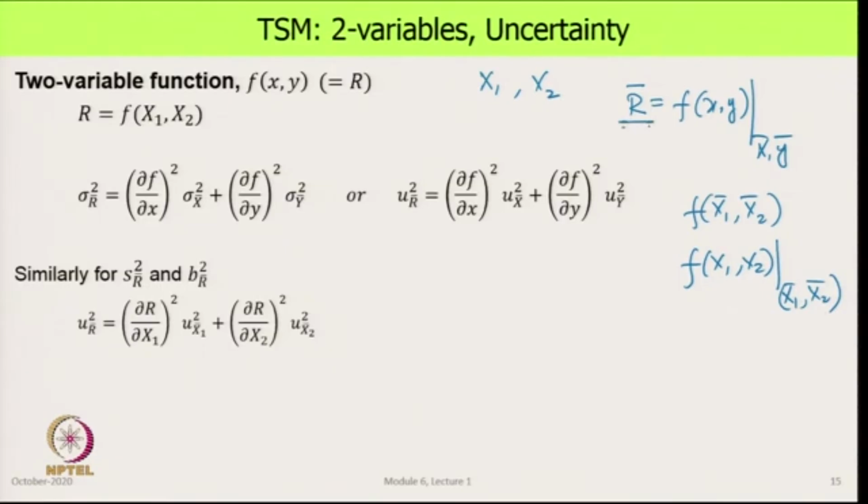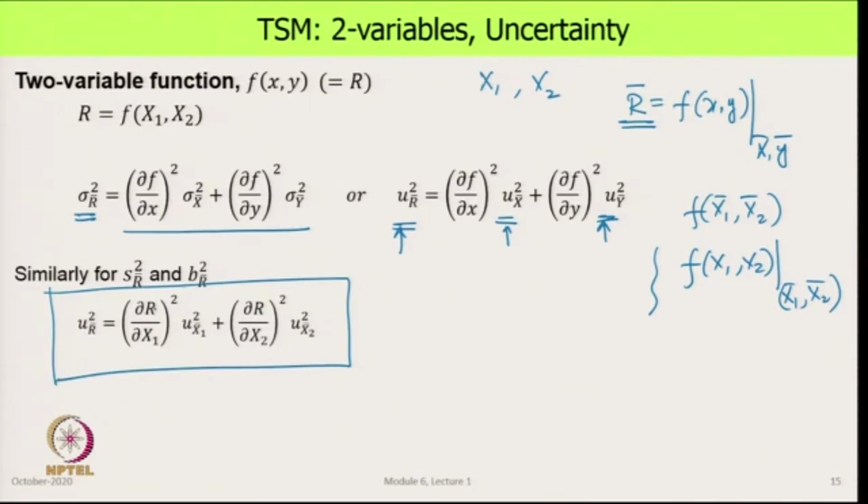So, the mean value of the result comes from there, and the standard deviation or standard error of the result comes from this expression, which is df by dx squared sigma x bar squared plus df by dy squared sigma y bar squared, or in terms of uncertainties or standard errors, which is what this is, our notation is that this is u instead of sigma. And with x 1 x 2 notation that we have been following, this is the expression that we can write.